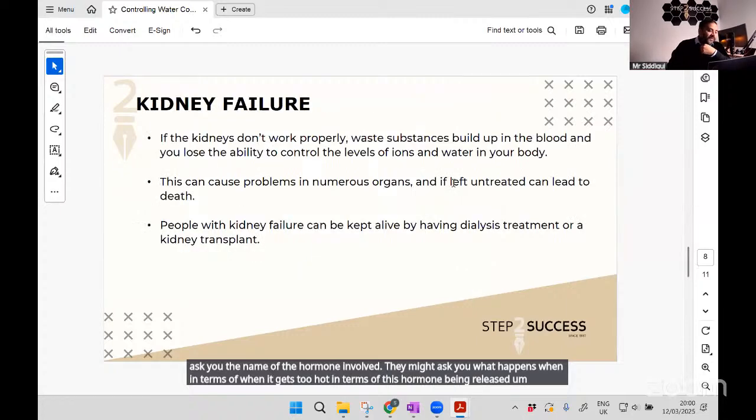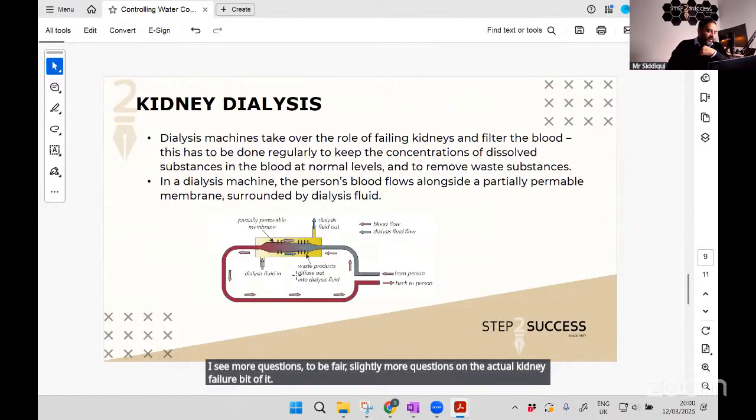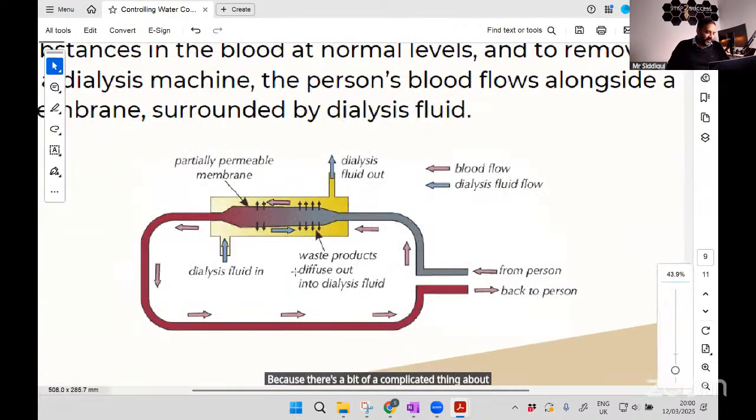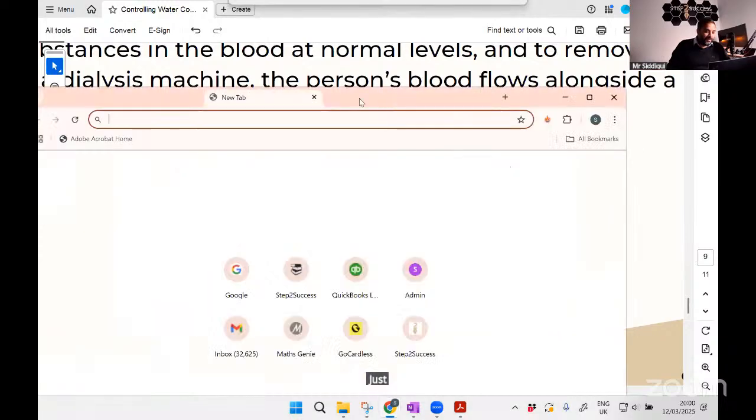I see slightly more questions, to be fair, on the actual kidney failure bit of it. Because there's a bit of a complicated thing about dialysis machines here, which is quite complicated, but really clever. The best way to answer that question for you, I would do the following, just to give you a guide before we finish.